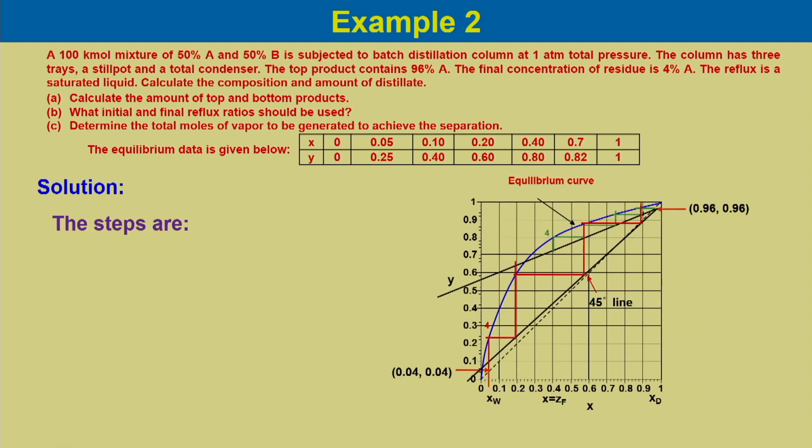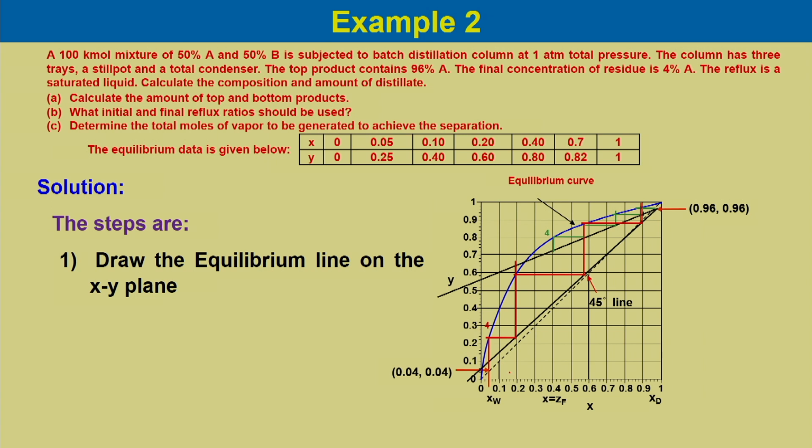So, the steps to be followed here: draw the equilibrium line with the data which are given on the xy plane. So, this is the blue line which is plotted over here, and then locate the point xd where xd is equal to 0.96. So, you can see on the 45-degree diagonal, this is the point xd.